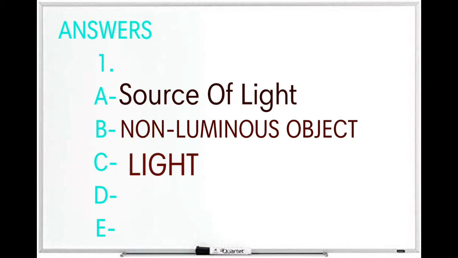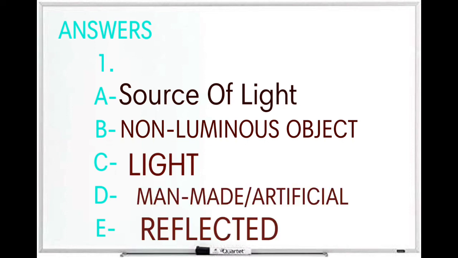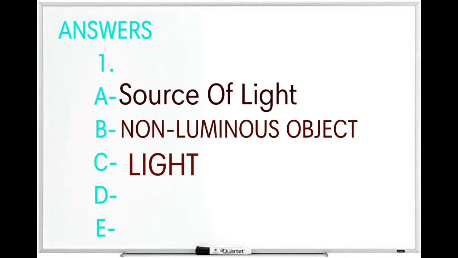D. Source of light can be natural or man-made or artificial. E. We see non-luminous objects when the reflected light falls on our eyes.